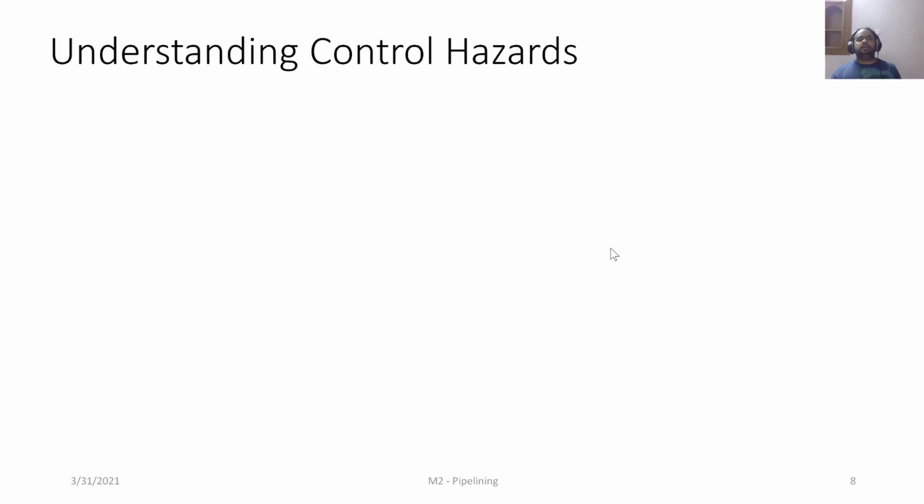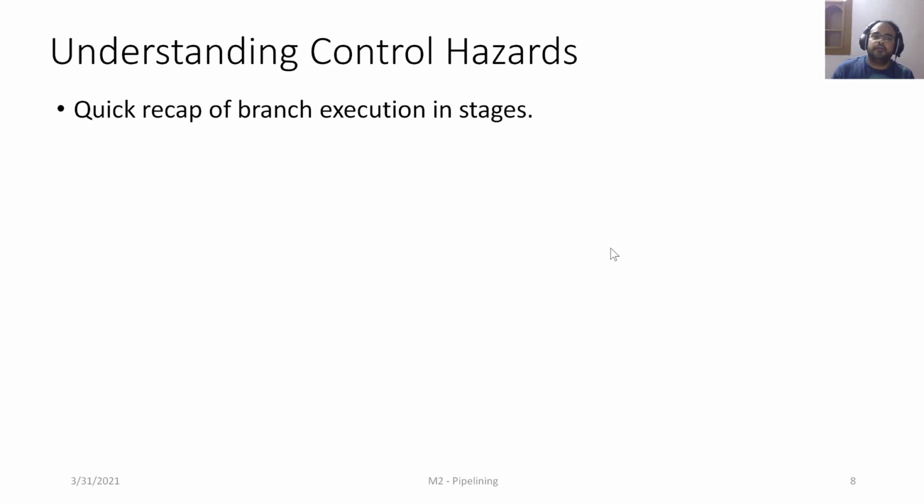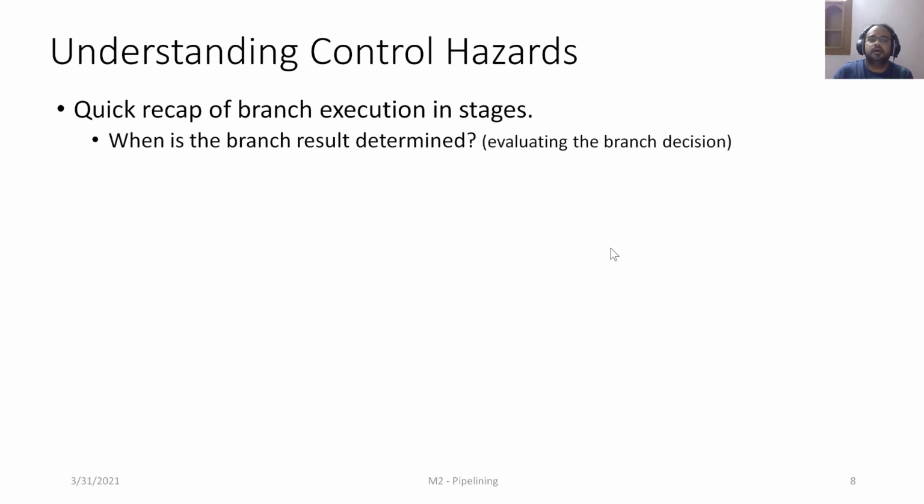Okay, now let's try to understand them further. For that, we need to go back and see where or how the branch execution happens in stages. Let's try to answer the question, when is the branch result determined? Meaning, when is the branch getting resolved?